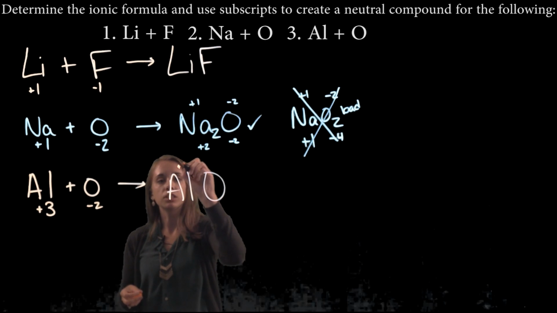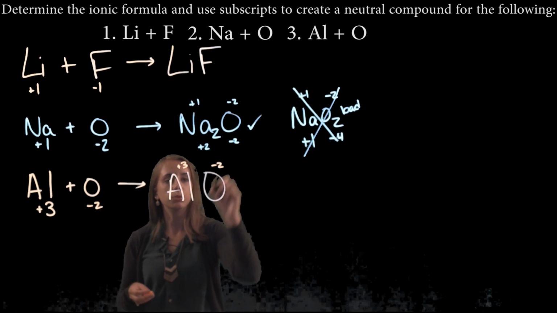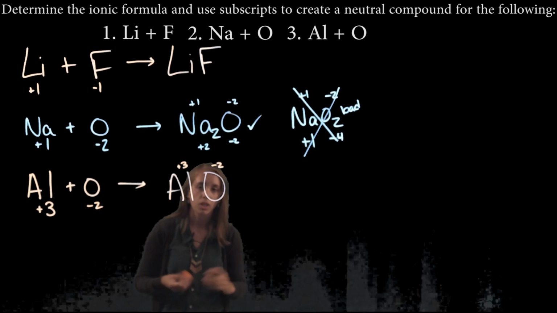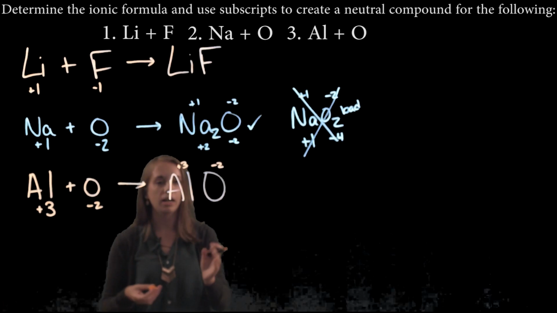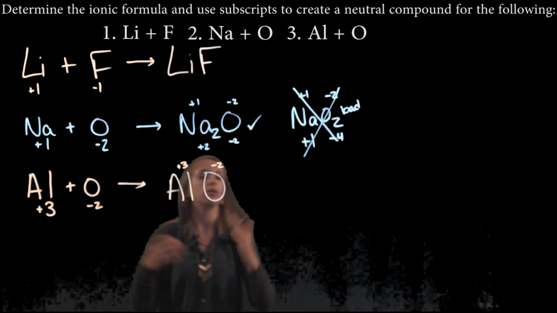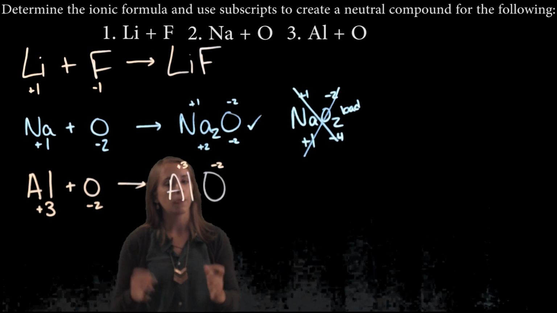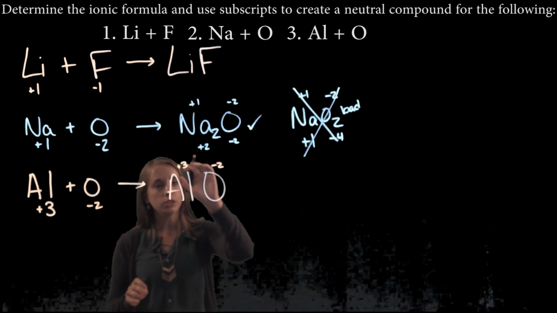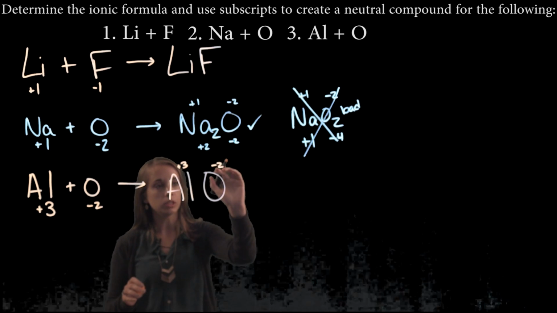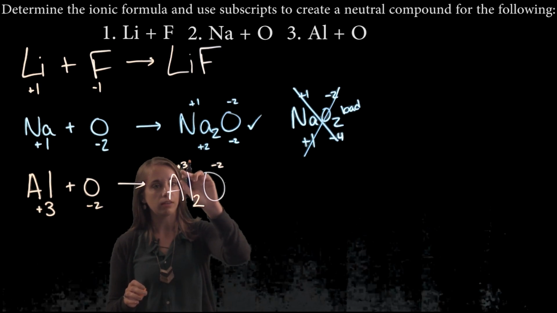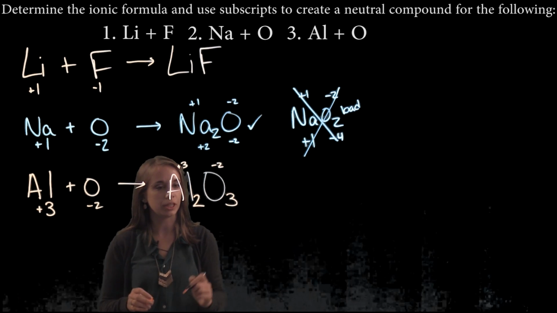So if I have a +3 here and a -2 here, what do my subscripts need to be? Well, I can bet that one of them is going to be 2 and one of them is going to be 3. And if I want the whole thing to be neutral, I got to make sure that they cancel out correctly. So what you do is you cross them. I have a 2 here, I want to put a 2 here. I have a 3 here, I want to put a 3 here.